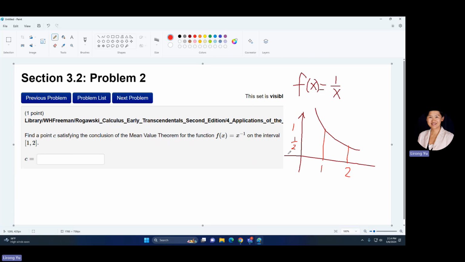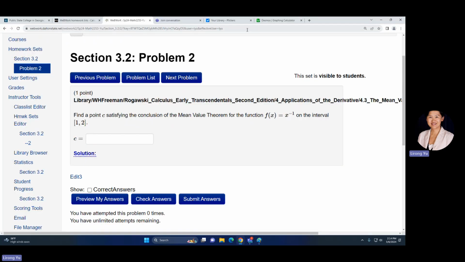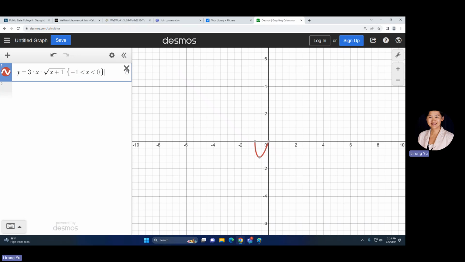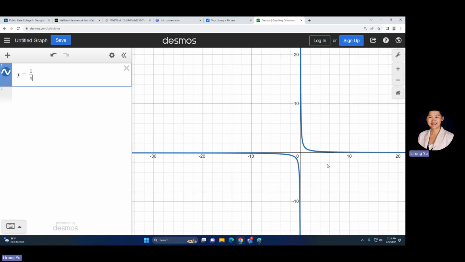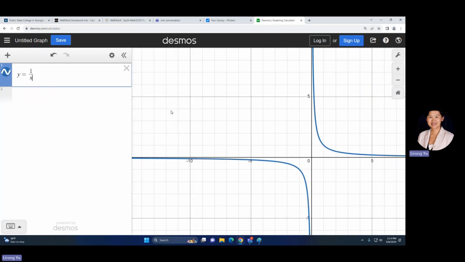But you only care about the part that's between the 1 and 2. So if you care about this, your function is actually huge. The function is defined for any x value that's not 0, but we don't want the full thing, which is between 1 and 2, right?